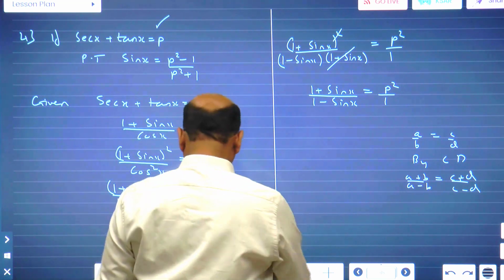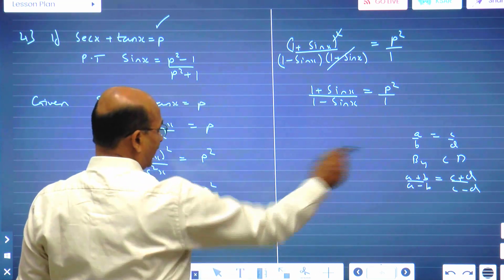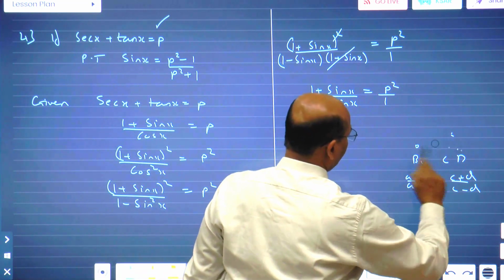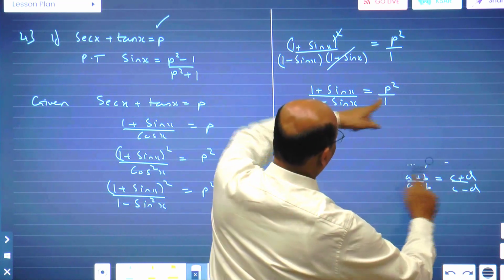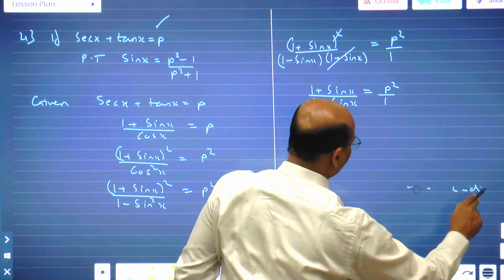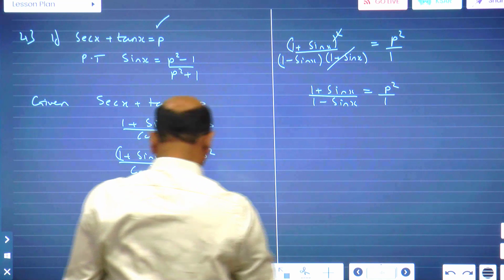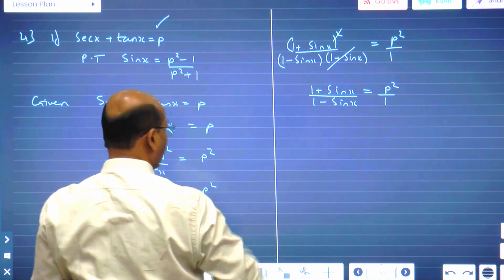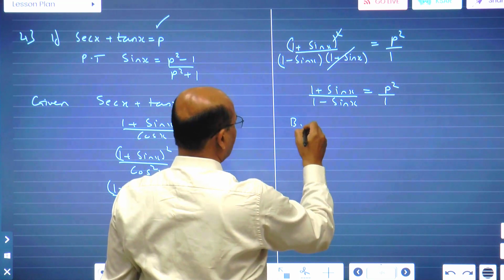I surely believe and understand that. So by using componendo dividendo, I can use the property here, because if you see this, I want p square minus 1 upon p square plus 1. So let us see by componendo dividendo.